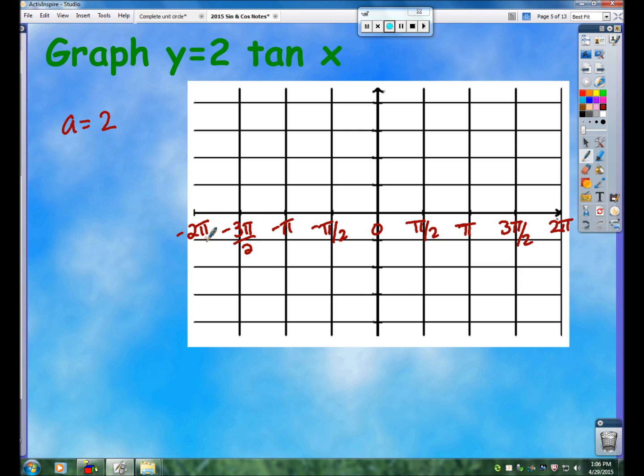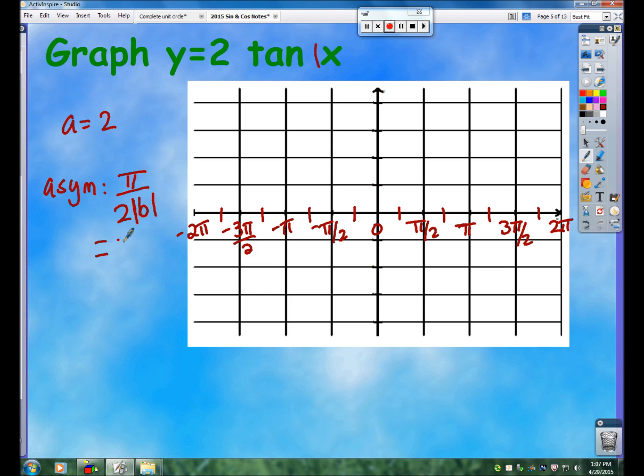All right, because the tangent graph, we need our asymptotes. We need our 45s. Remember, our asymptote is pi over the absolute value of b. b here is still 1, so the absolute value of 1. I'm sorry, our asymptote is pi over 2 times the absolute value of b.